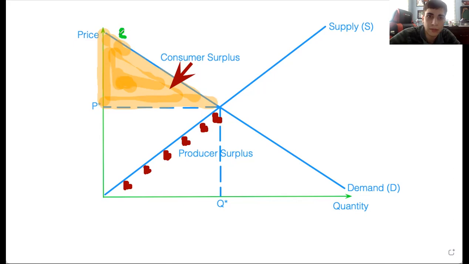I'm going to try my best to create one. Yeah, that looks all right. So that's a little person. He wants to purchase the product. Let's say it's Bose headphones, right? He wants to purchase the Bose headphones for, say, 20 bucks. I don't know about any producers that would actually sell it for 20 bucks, but let's just say that figuratively there is a producer down here who is willing to sell this person Bose headphones for $20.